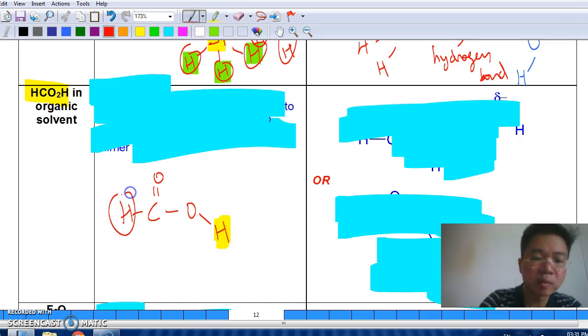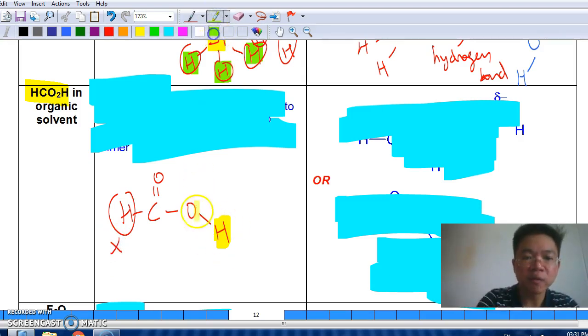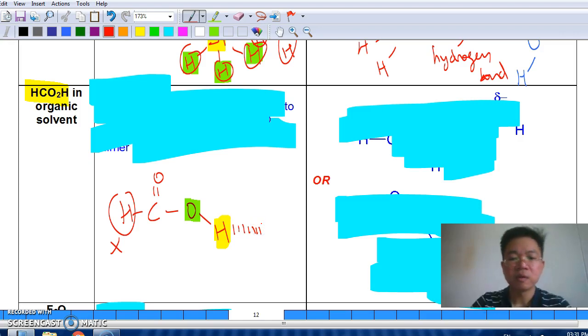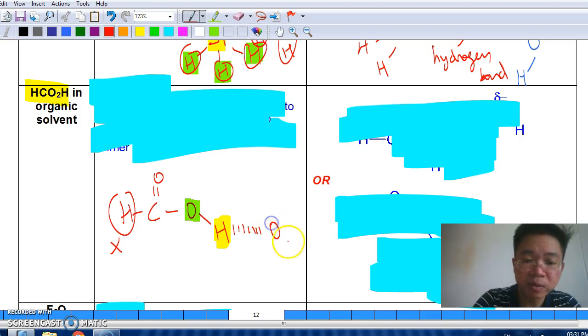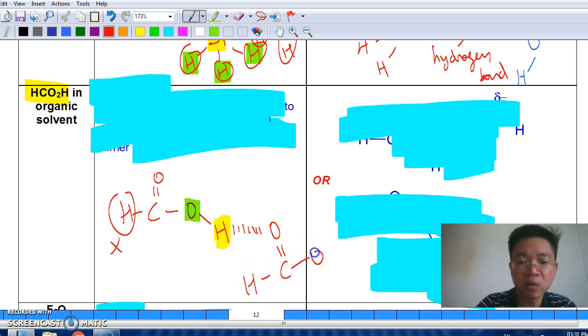How about this one? This H cannot. So only this H that is bonded next to the O can form hydrogen bonding. Okay, so you can form hydrogen bonding with an O, for example, here with an O from another molecule of HCOOH, and so on.